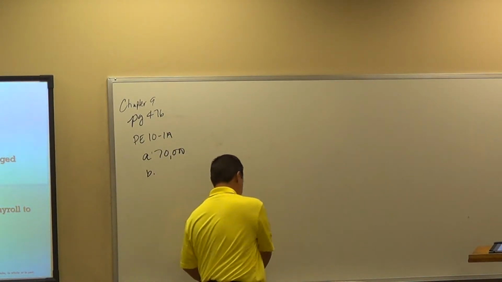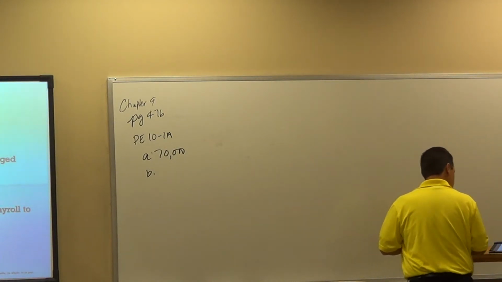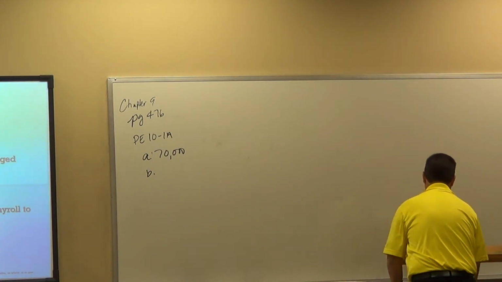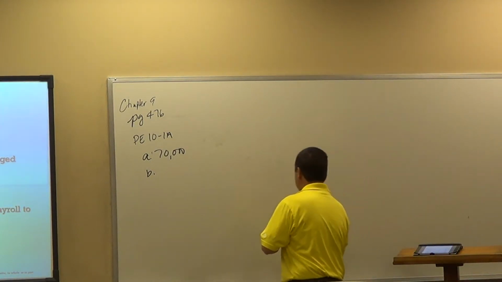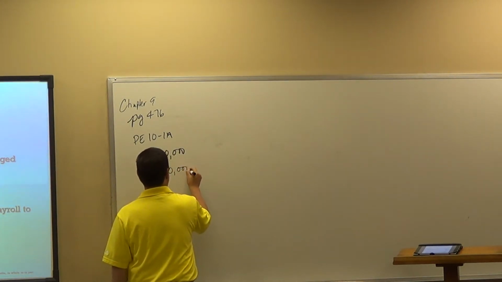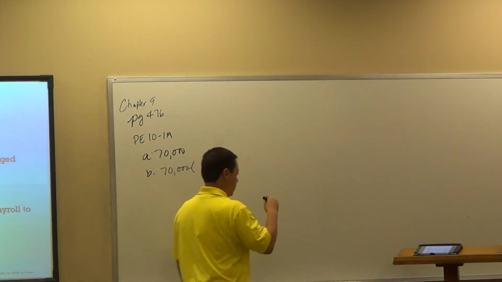Next question then asks, determine the proceeds of the note, assuming the note is discounted at 6%. 65,800. All right, so what we're going to do is we have $70,000, and we're going to take away what the discount is here.